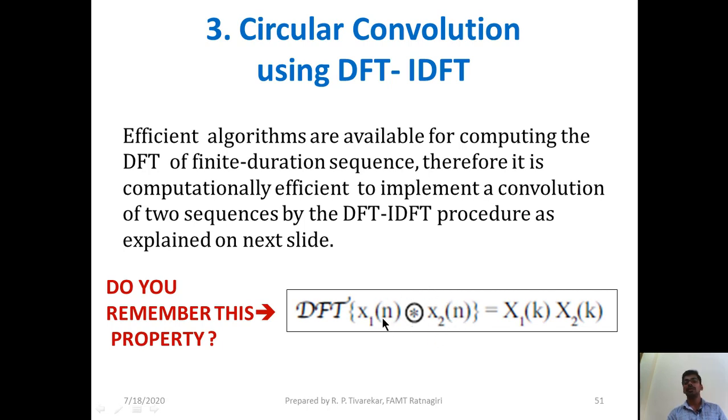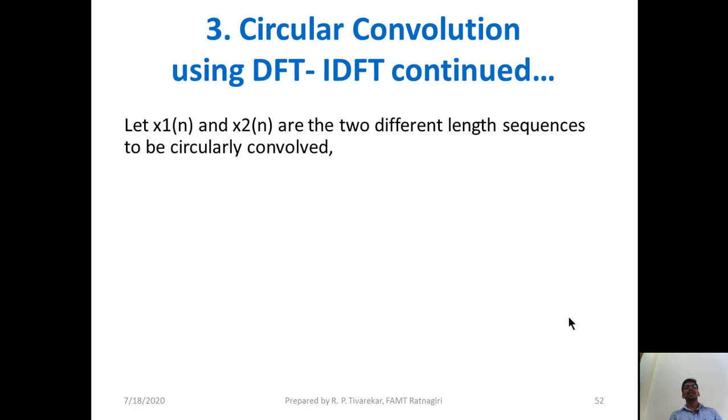Circular convolution in the time domain is equal to product in the frequency domain. Let x1 and x2 be two different length sequences to be circularly convolved. Now this might be confusing because I said both the sequences should have the same length. If they are of different lengths, then we can do something that I am explaining now.